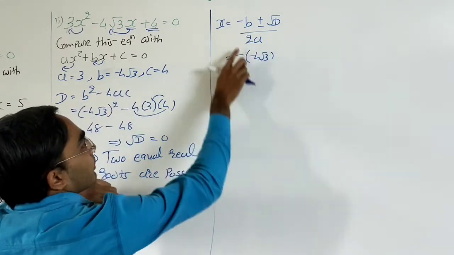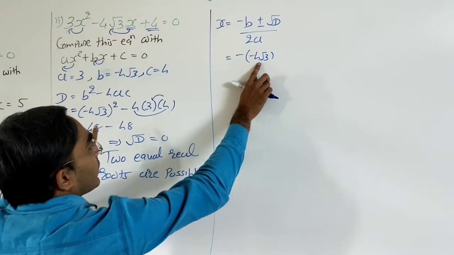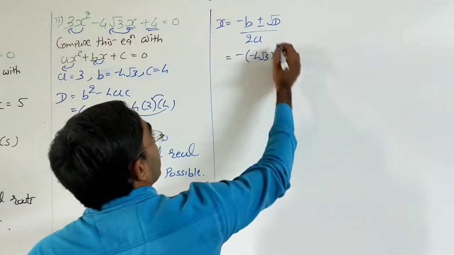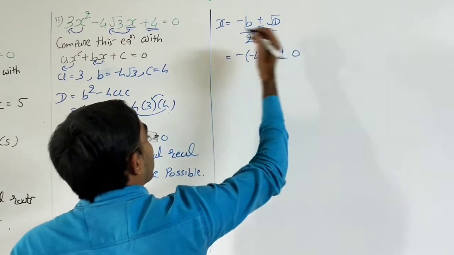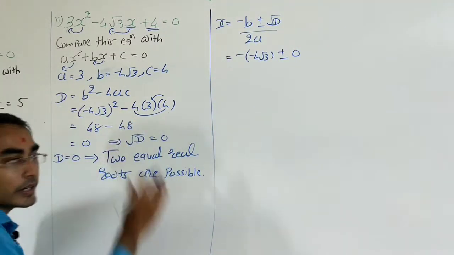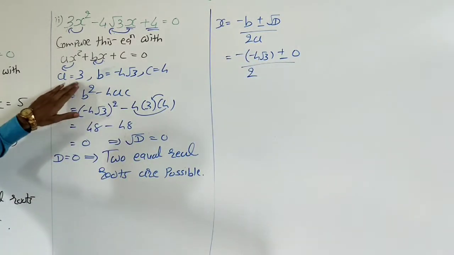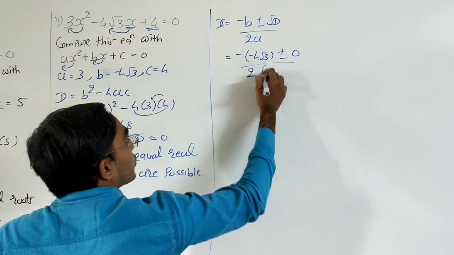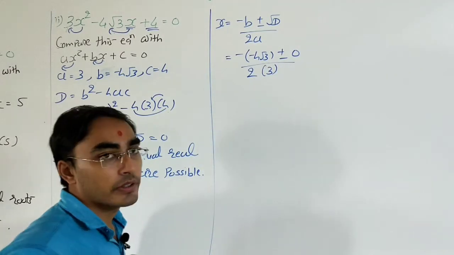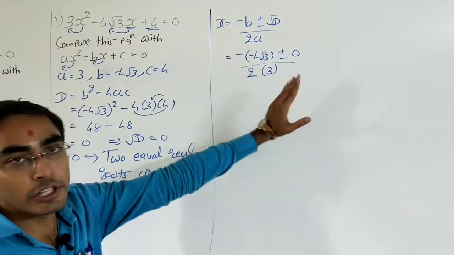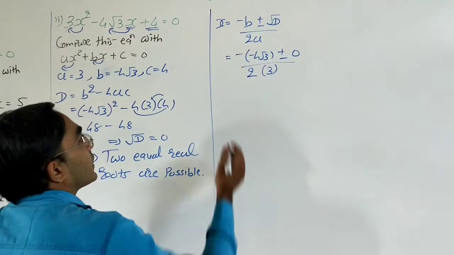Then plus or minus under root D, which is 0, divided by 2a. Here our value of a is 3, so 2 multiplied by a, that means 2 multiplied by 3.